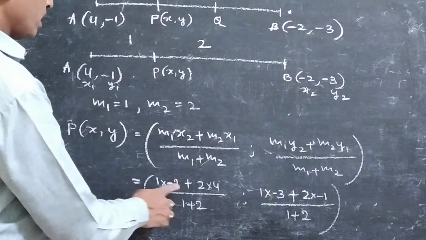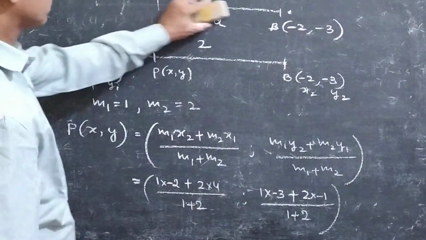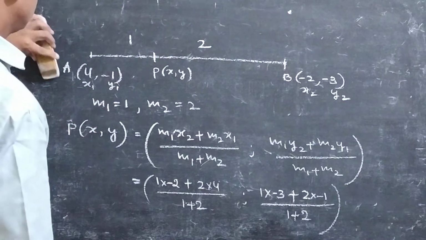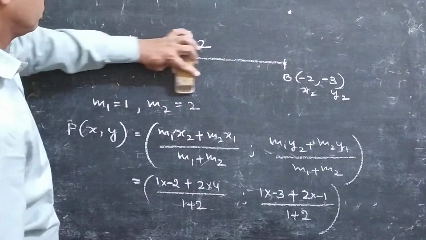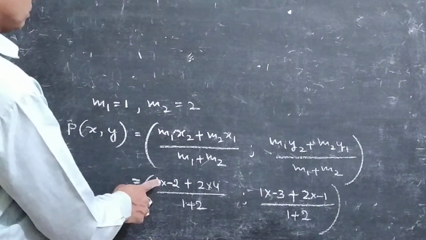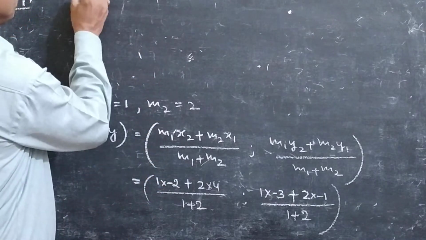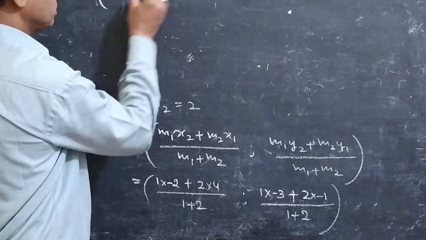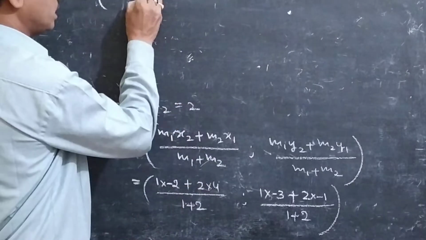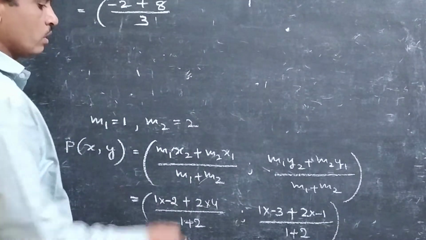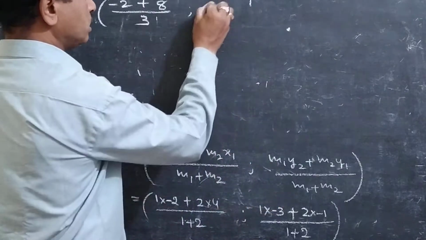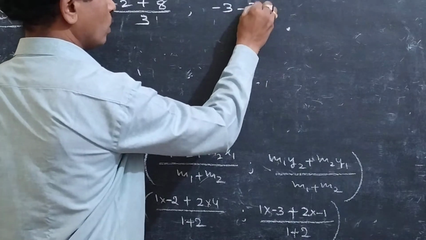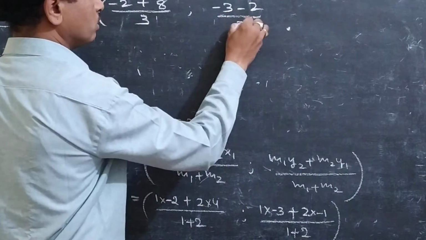Okay, now multiply this. -2 into 1 is -2, plus 2 fours are 8, whole divided by 1 plus 2 is 3. Next, 1 into -3 is -3, then plus into minus, minus 2 ones are 2, divided by 3.